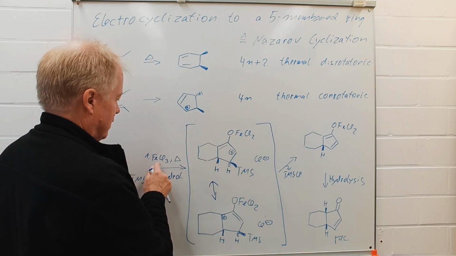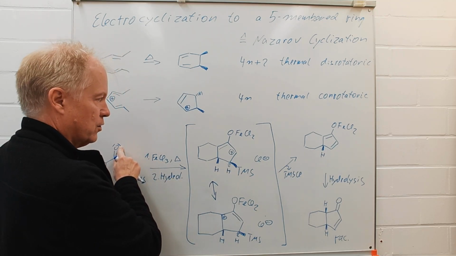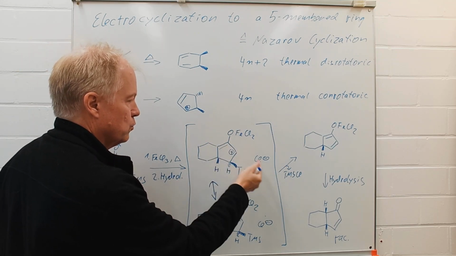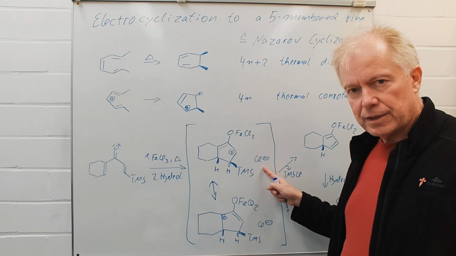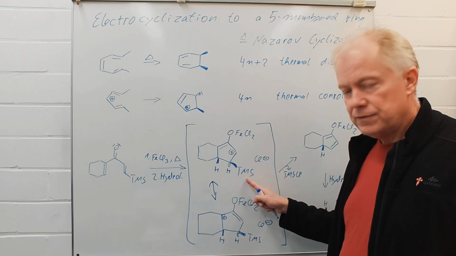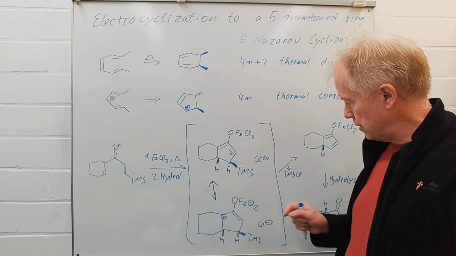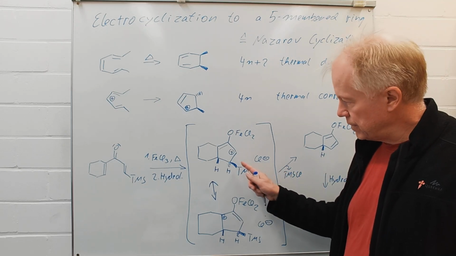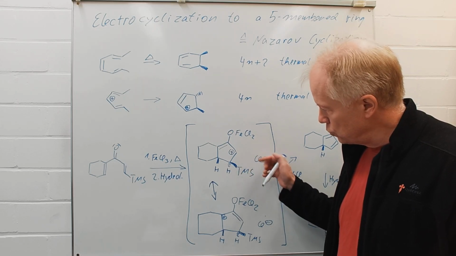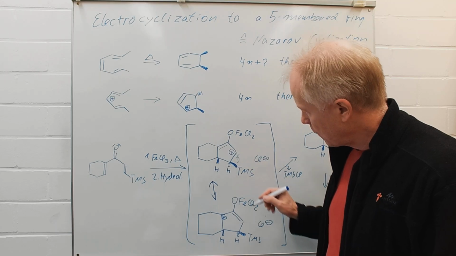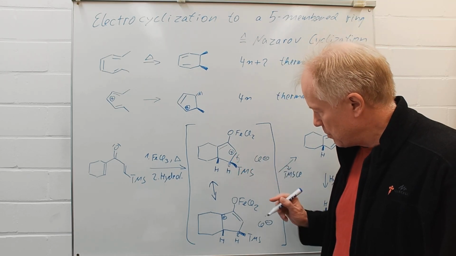So the iron chloride coordinated to that oxygen can then lose a chloride anion, and this chloride anion will attack the TMS group, and TMSCl, trimethylsilyl chloride, will be eliminated, and the electron density will move to this bond, forming a double bond here.